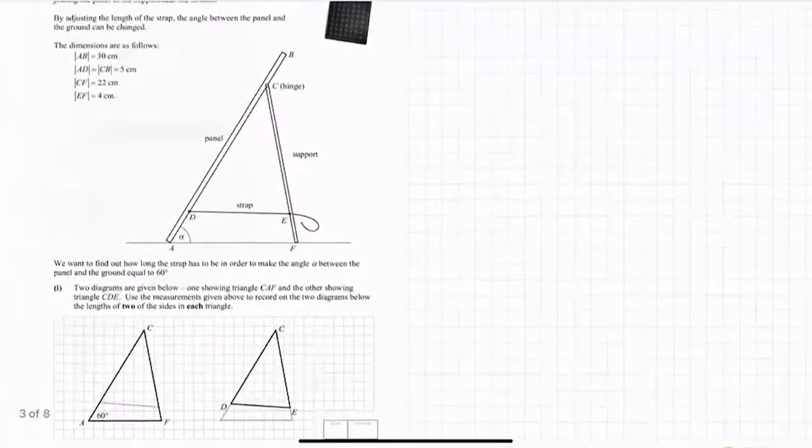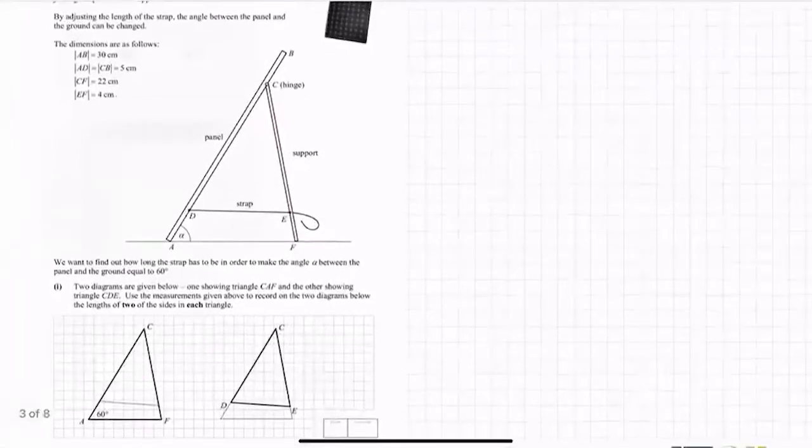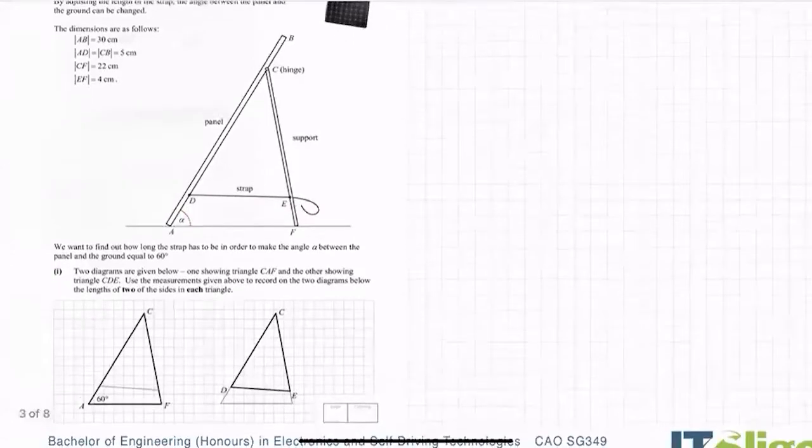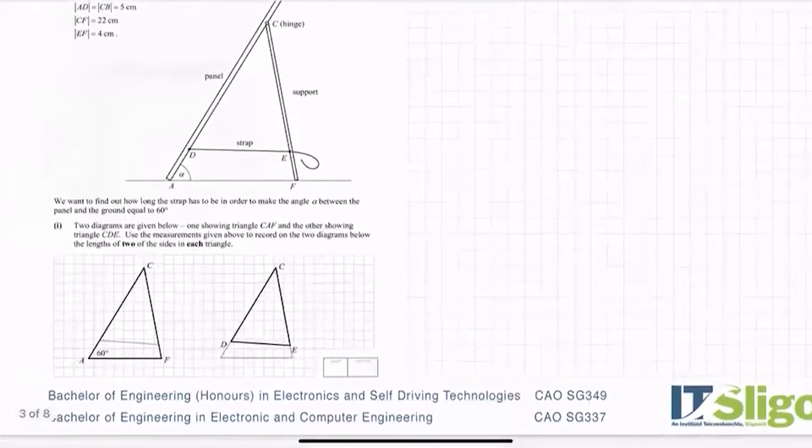Okay, we want to find out how long the strap has to be in order to make the angle alpha between the panel and the ground equal to 60 degrees. Two diagrams are given below.